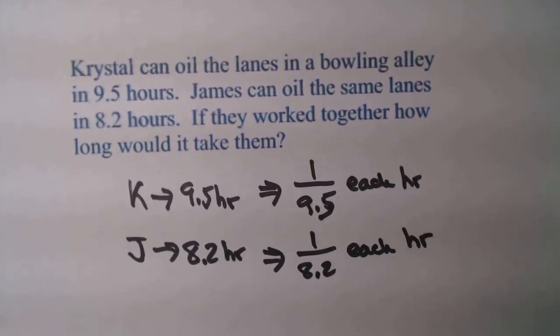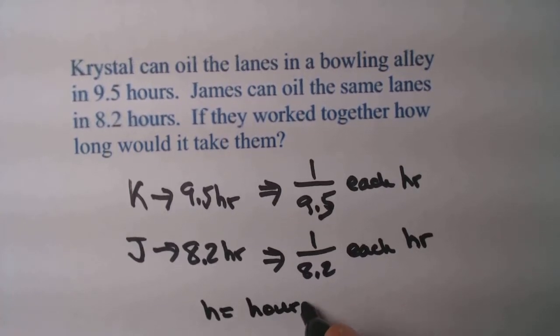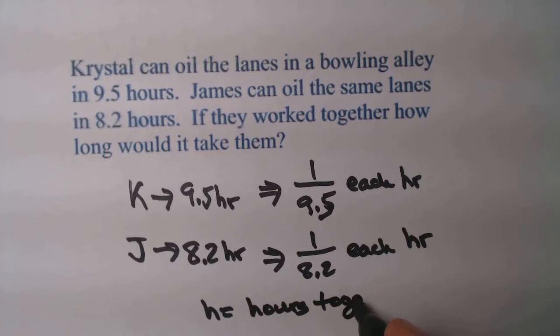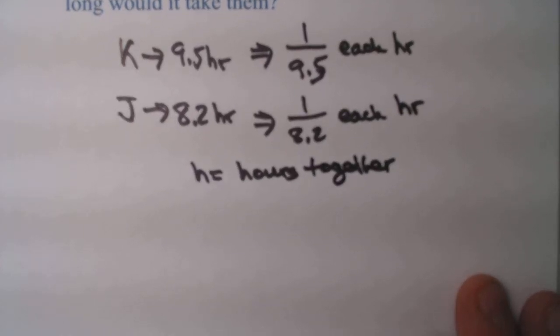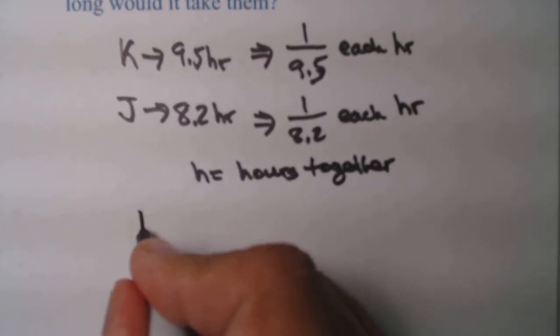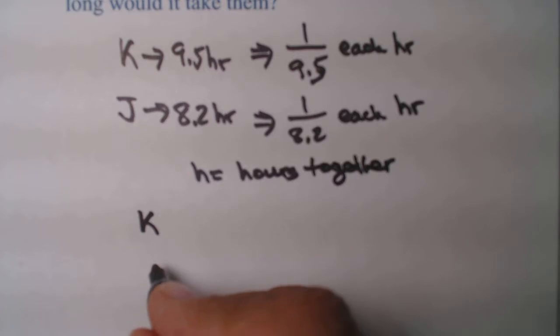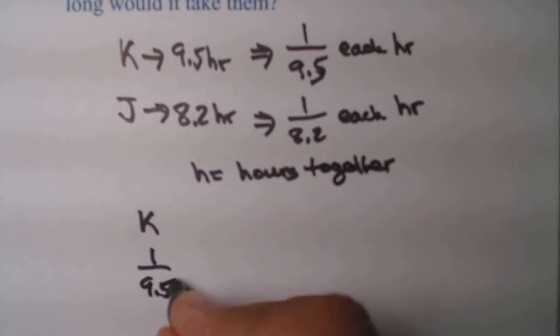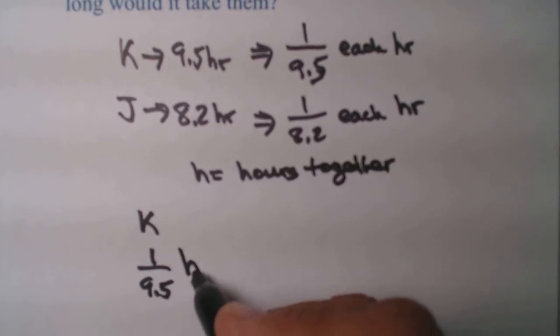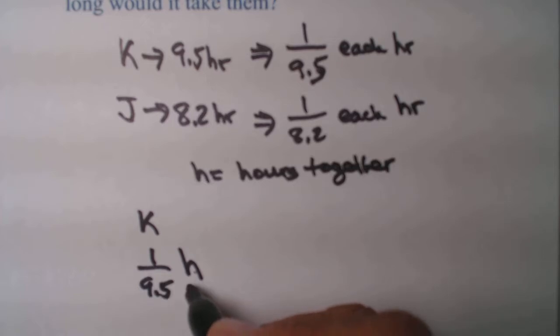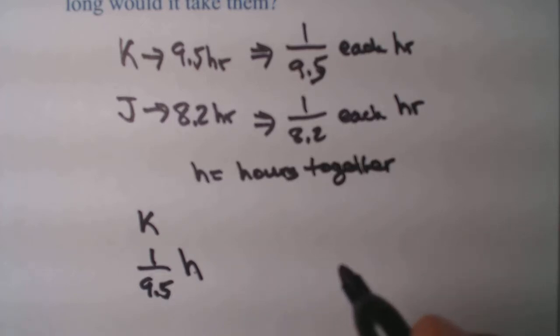Well, once again, if we take H equal the hours that they're working together, then it's very simple to set up the equation to finish this up. Here we go. We just combine the two parts for each of them. Okay, Crystal here does, let's see, 1 over 9.5 times H. That's, in other words, for the number of hours they work together, you multiply by this, that's how much of it she'll get done.